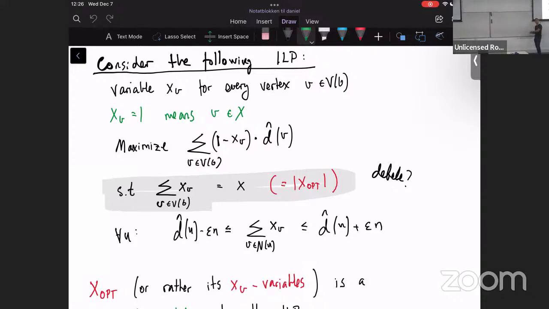We cannot solve the ILP. If we could, we would pretty much recover X. But we're going to recover something that is almost as good as X.